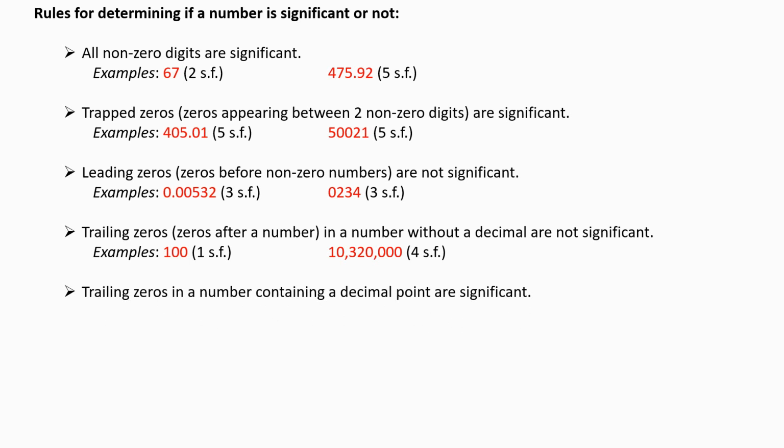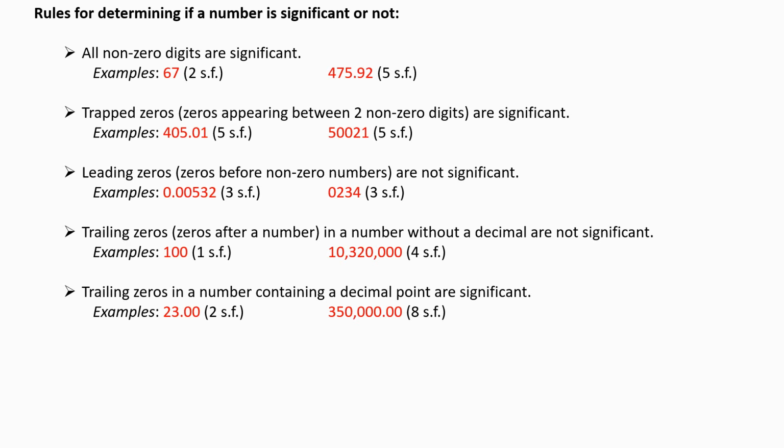The zeros contained in a number with a decimal point are significant. For example, 23.00 is a number to four significant figures. Sorry, I've written that one wrongly. It should be four significant figures. Then we have 350,000.00 is a number to eight significant figures.